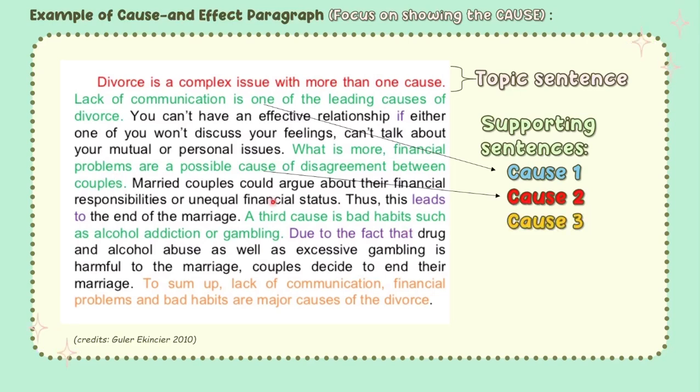Then third and last cause given, the bad habits. And then, the last is the conclusion. Again, sa conclusion, na-summarize na lahat ng mga diniscuss sa supporting sentences. And observe the use of transition words. We have if, leads, and due to the fact that.